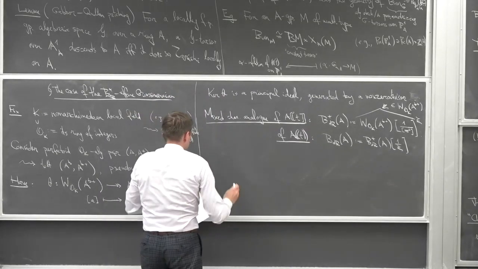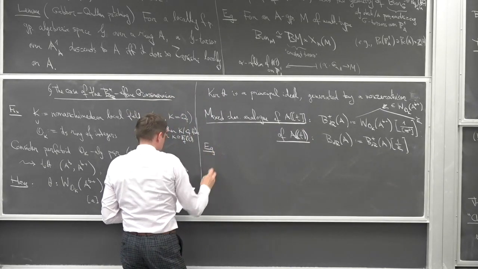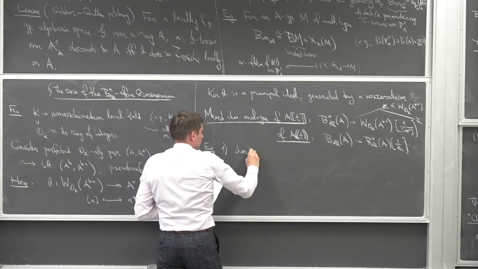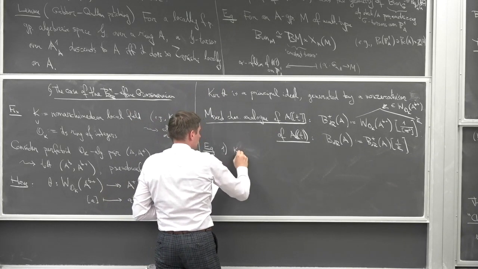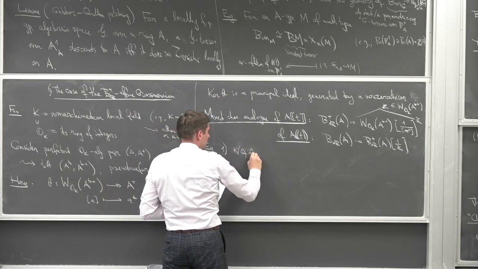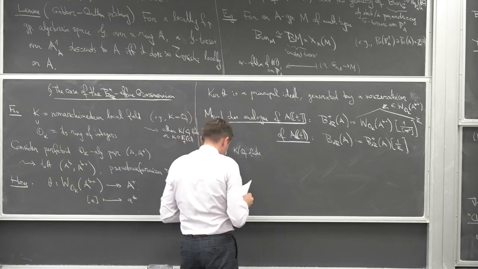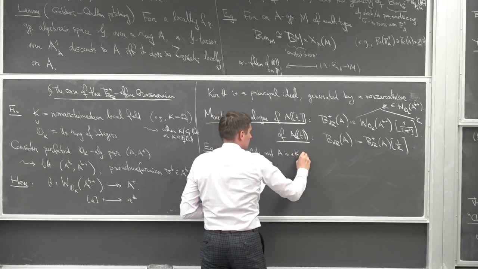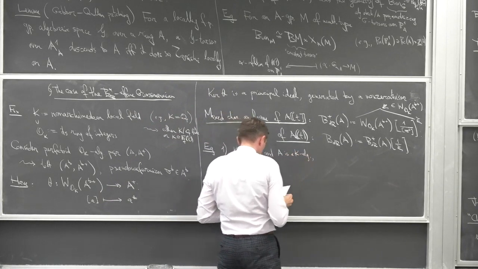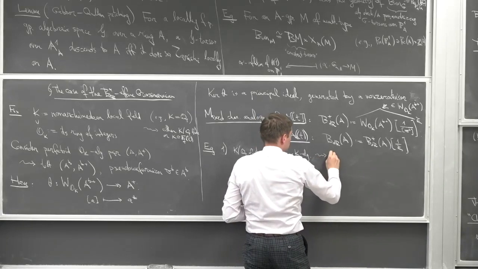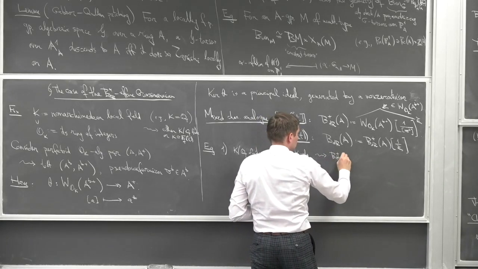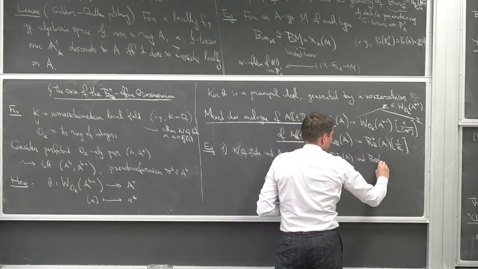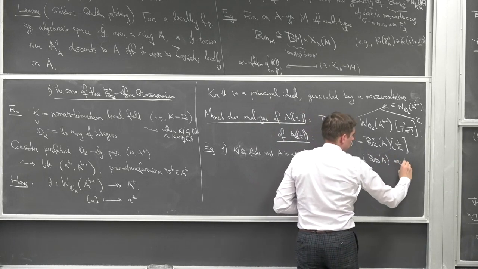Okay, so let me just quickly run over some examples. So first of all, if K is a finite extension of Q_p, so characteristic 0, and A is a K-algebra, then these rings B_dR plus and B_dR are also K-algebras.